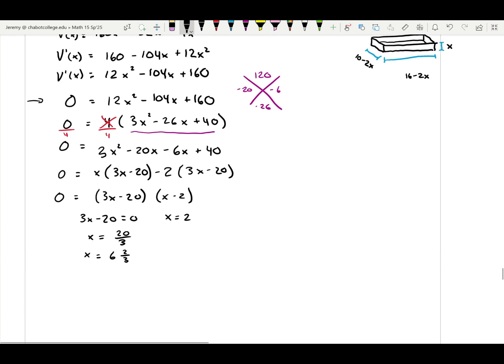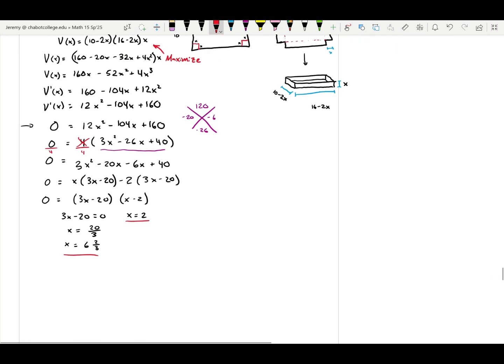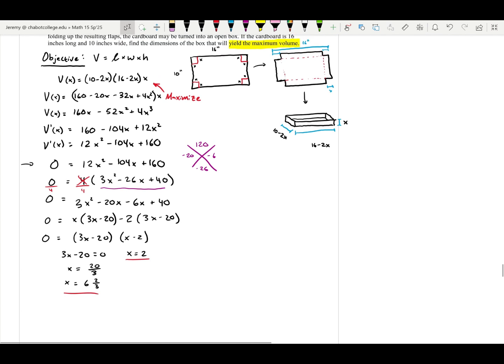So this time we have two critical numbers, and we're looking for the value of x that maximizes this volume. So the one that maximizes that v of x function.